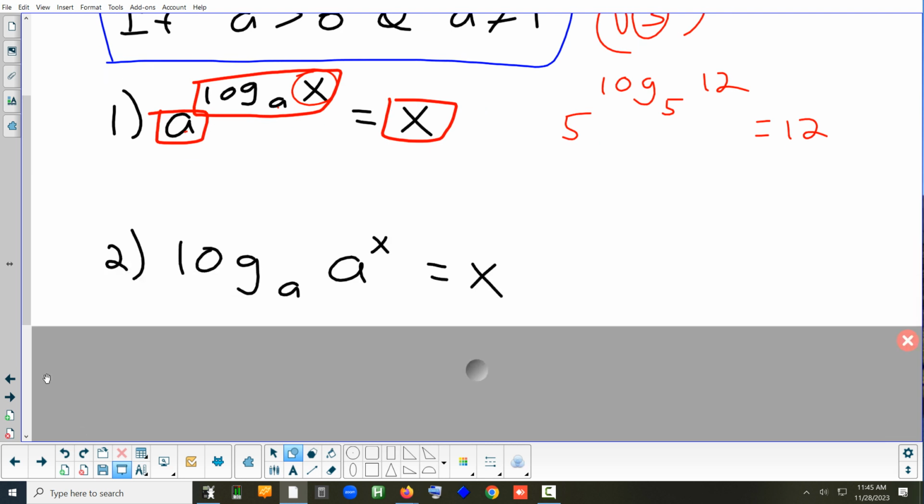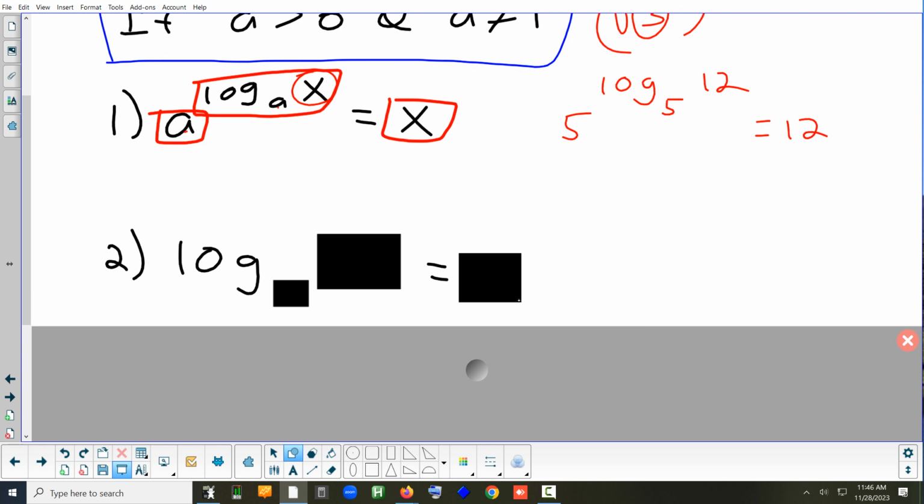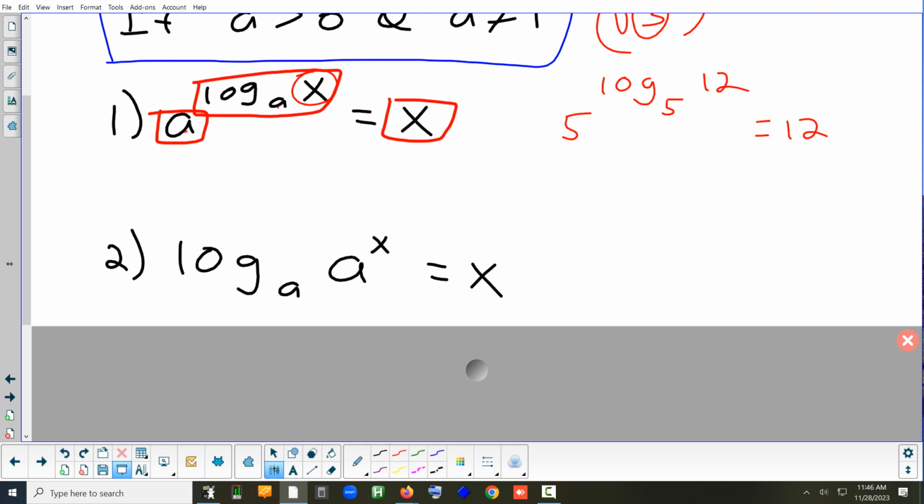Let's look at this one. Is that log form or exponential form? Log form. That's log, because if you blocked everything out, base, argument, and something on the other side. Okay, so this is a special pattern where those numbers match.